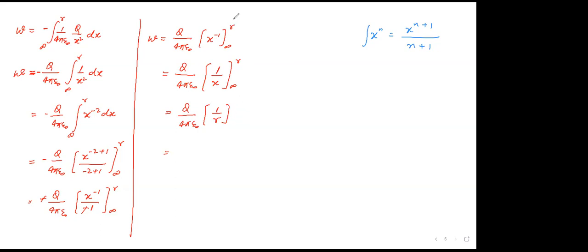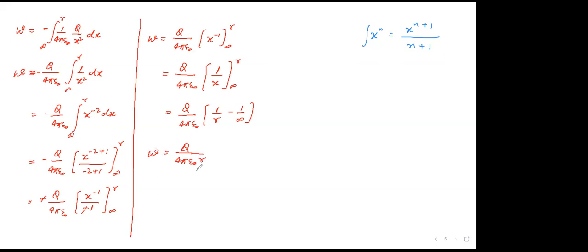Finally, we get 1 over r minus 1 over infinity. You get Q over 4 pi epsilon naught r. This is your work done, W.